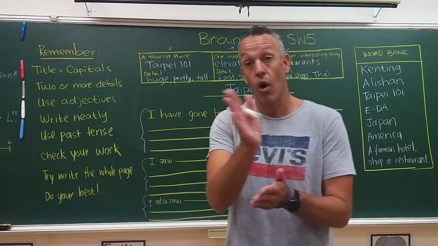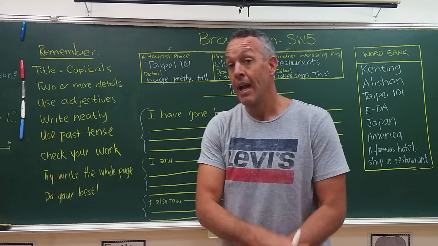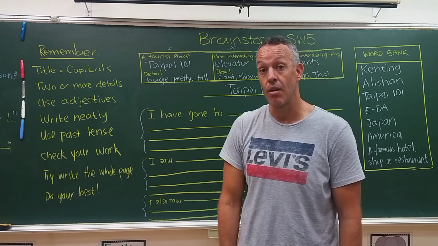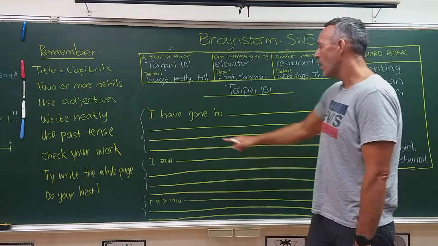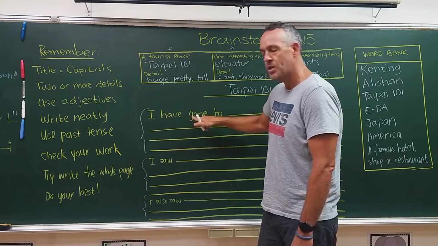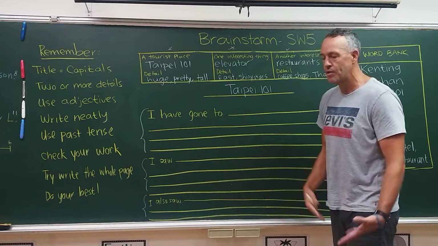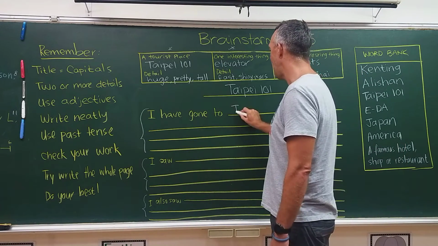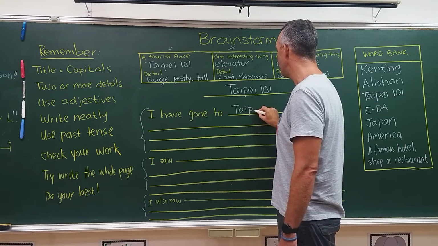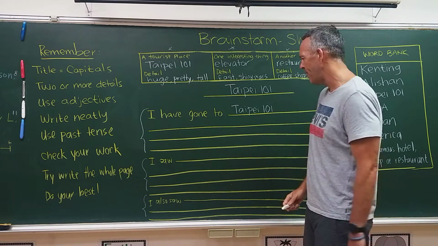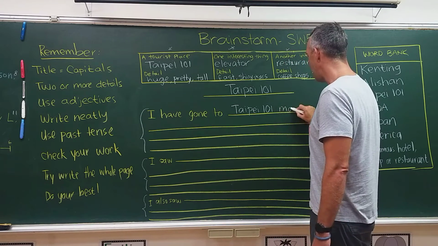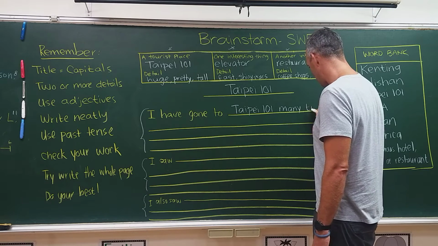You of course have your old examples that you can look at, and I'll show you some other ideas that you can use later, but I'll definitely show you the first one. I've given some words to get you started. I have gone to, so for me, I will say I have gone to Taipei 101. And I haven't been there just once, I've gone there a lot of times with my friends, so I'll say I've been there many times.